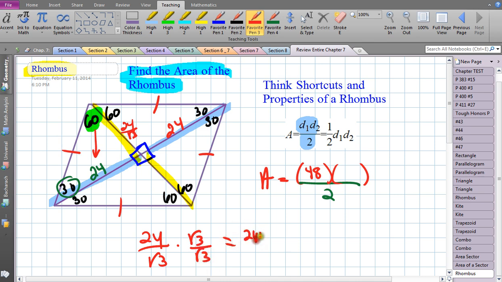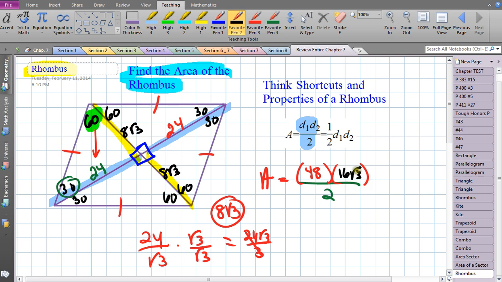What's left? I got 24 radical 3 all over 3, which equates to 8 radical 3. So this side in here, when simplified, is 8 radical 3, which means this portion of the diagonal is 8 radical 3 as well. So altogether, the total length of that yellow diagonal now is 16 radical 3.